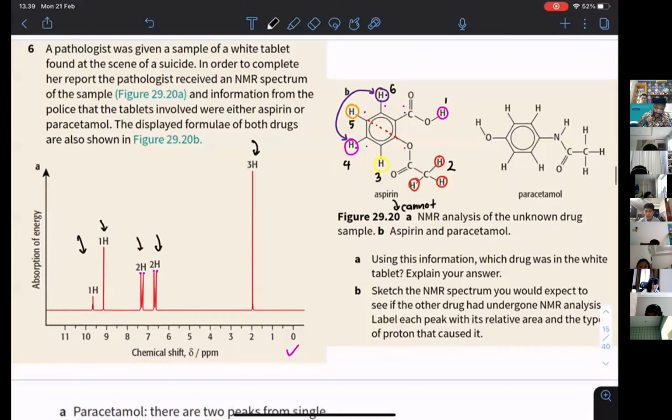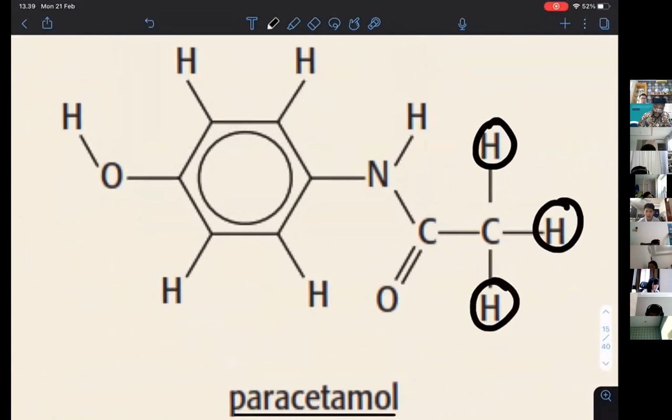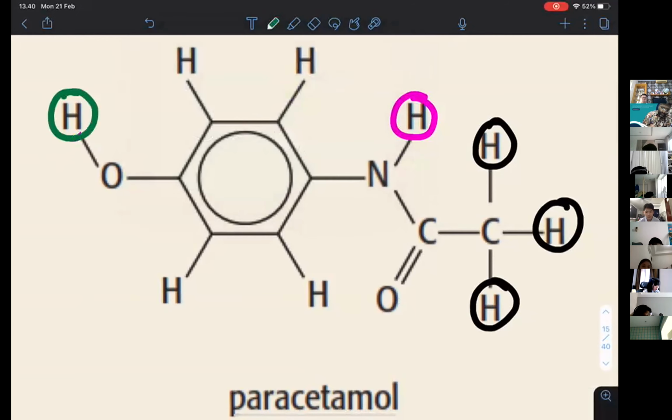But let's look at this one. This is going to be the same environment, so 1. This is going to be another environment, and then this is another environment. So let me use a different pen. What you can do is put a line like this.